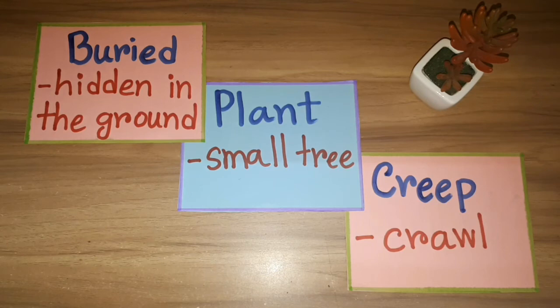For example, I buried a seed in the ground. Plant, we know that plant means small tree. I have a plant. Here we have the word creep. What does creep mean? Creep means crawl. We also say a baby crawls. So we can say a baby is creeping, that means a baby is crawling on the floor.